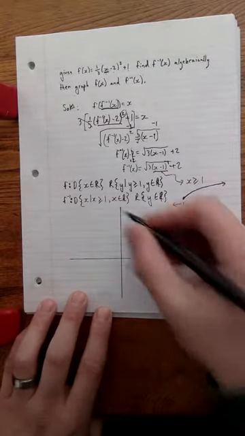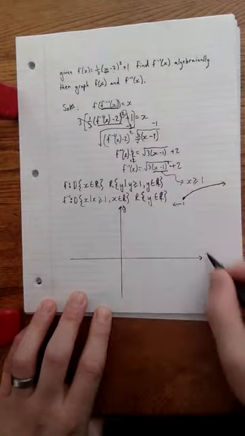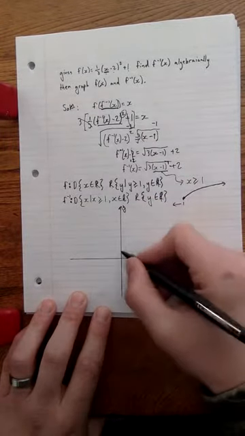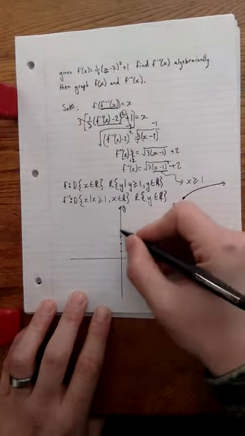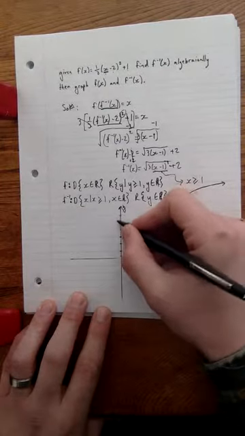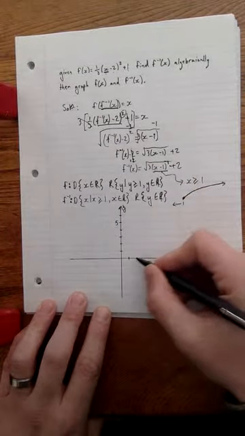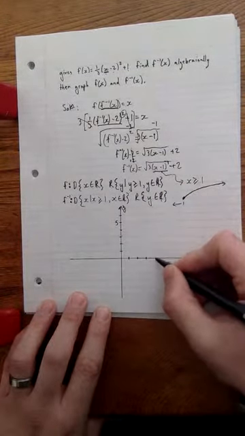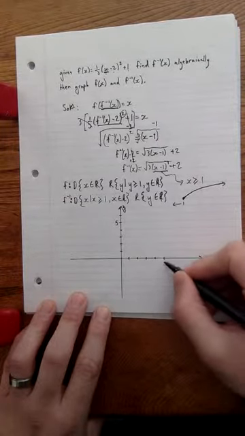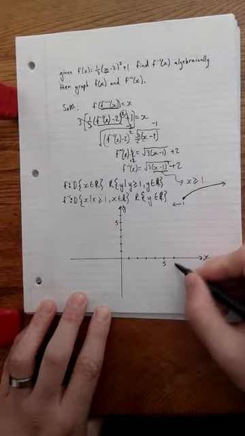So I'm just going to set up a very quick graph here. Y, X, 1, 2, 3, 4, 5, 6 on each axis.